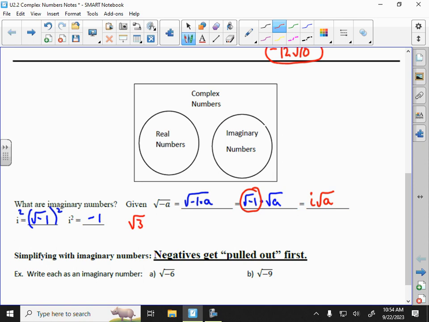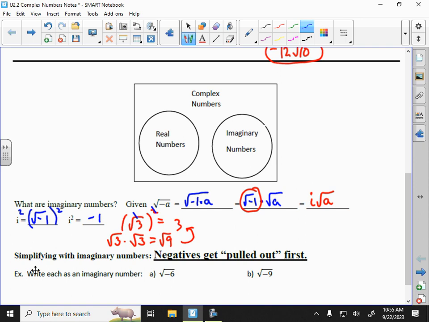If we were to take the square root of 3 squared, for example, this is equal to 3, because the square root of 3 times the square root of 3 is equal to the square root of 9, and the square root of 9 simplifies to 3.